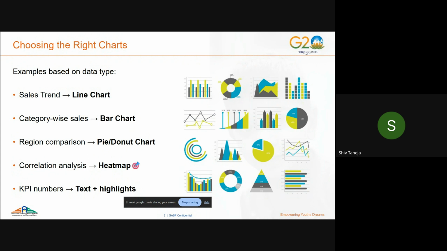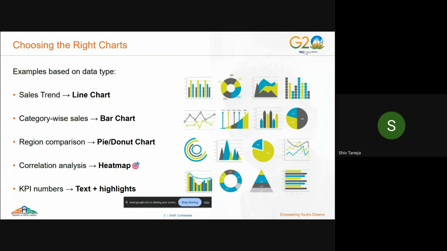And if you have sales categorized, then you should use a bar chart. For region comparison, you can use a pie chart or donut chart as you like. When you have correlation analysis, which means finding a relationship between different variables of the data set, then you should use a heat map.